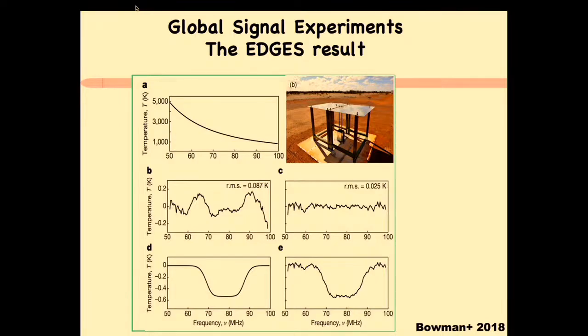Anyways, this has excited the field, because this is the first measurement we have. This is very exciting if it's correct. But again, the problem is that you have so many things that can go wrong. And there are many, many papers that were written. Some of them criticized the fitting, some of them criticized the understanding of the noise. So I'll tell you what the issue is with the fitting. You have a polynomial.